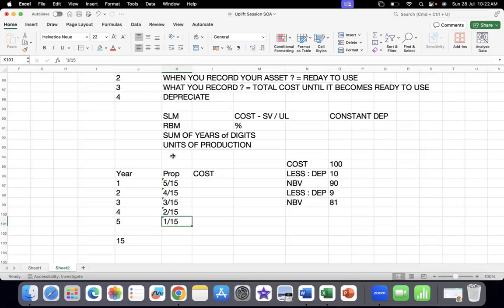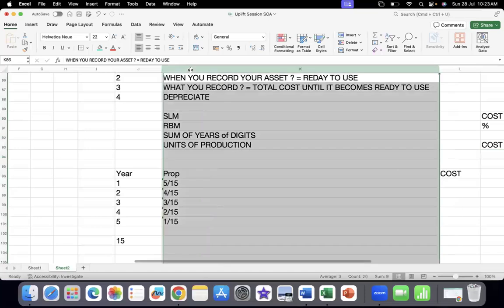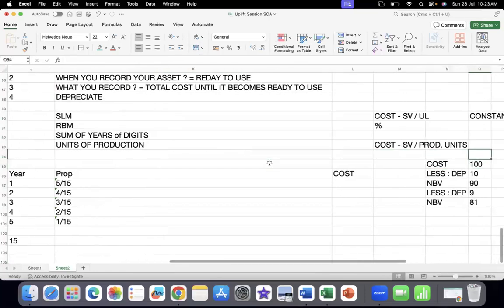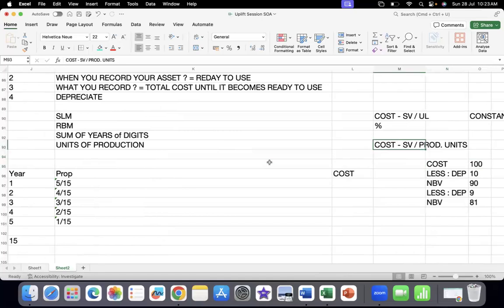And then there is something called unit of production. Unit of production is the same as your SLM method, wherein you have cost minus salvage value, and instead of useful life, you have production units divided by number of annual production units. For example, if you estimate that in 1 year you would be producing 100,000 units, you divide it by 100,000.